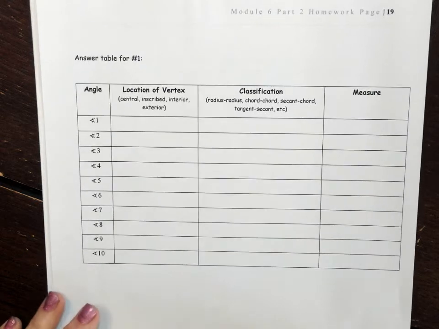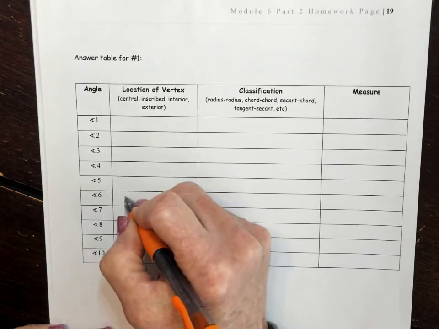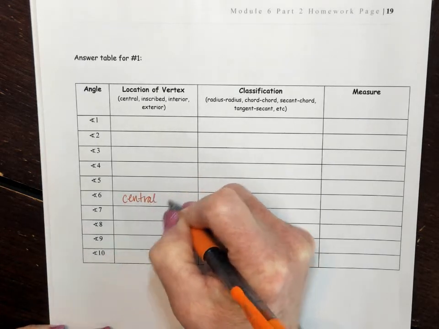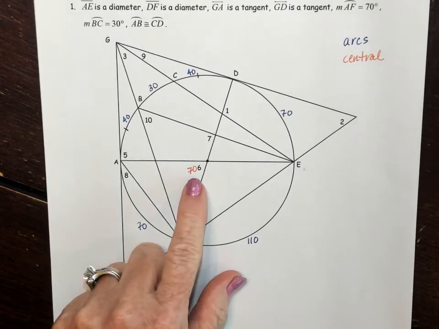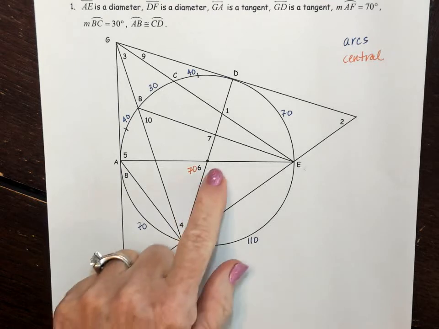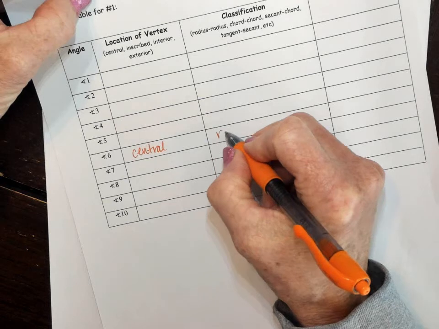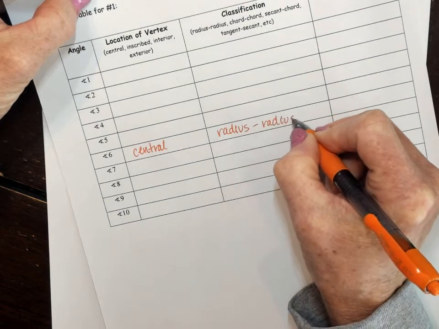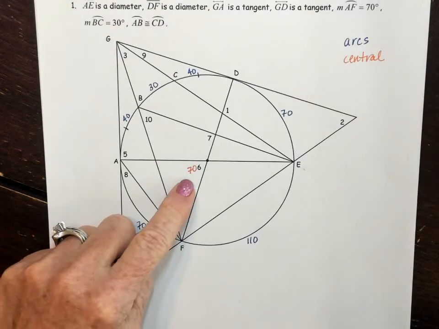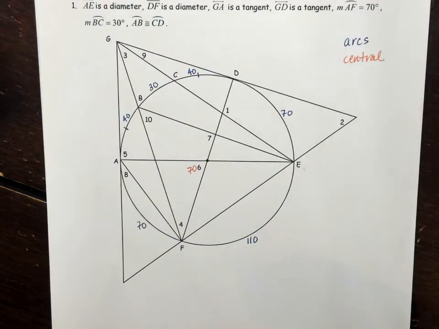Angle 6 was a central angle, formed by a radius and another radius. The measure of angle 6 came out to be 70, so we can fill that in. That's our only central angle.